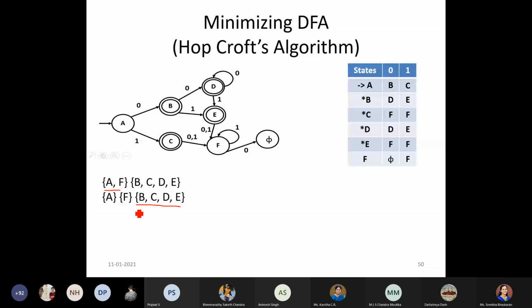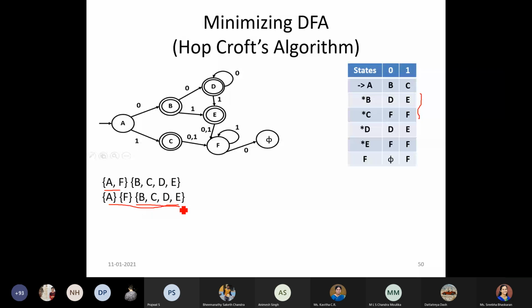If we take B and C states, see the transition table. With respect to the zero transition, it is DF. Now in the above iteration, what is your result?